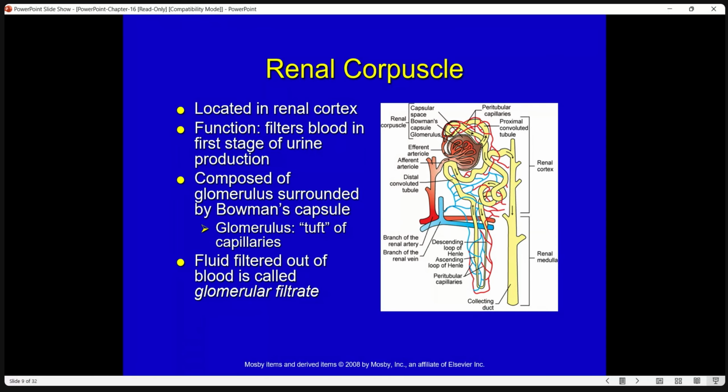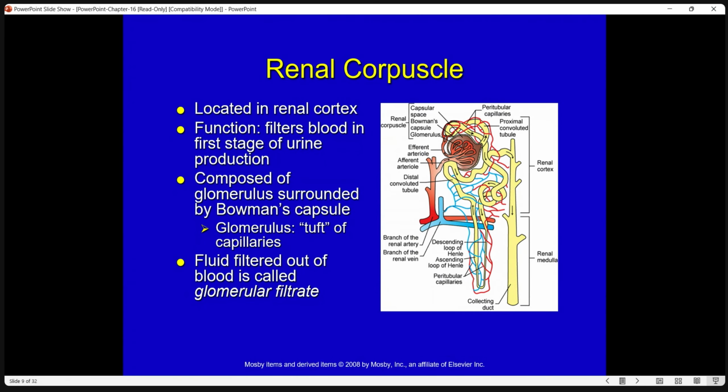What happens? Number one, here we have the red blood cells and other blood components. But past the glomerulus, all this other part, we only have water, toxins, and electrolytes.